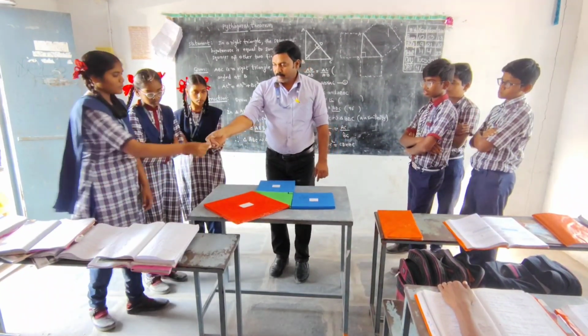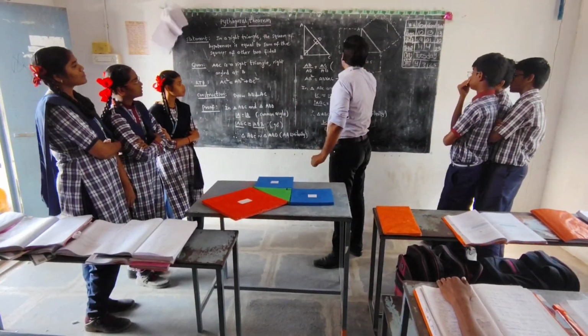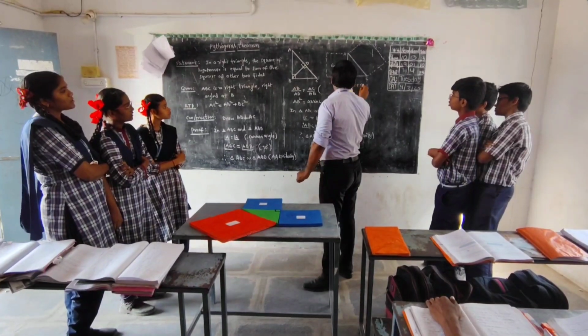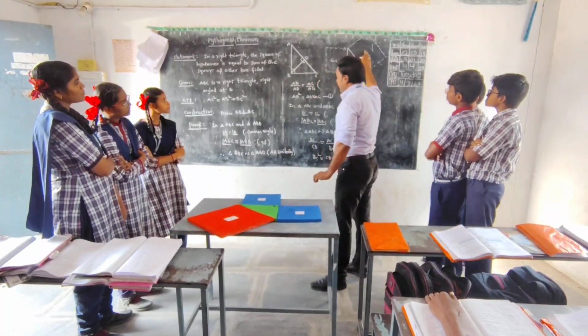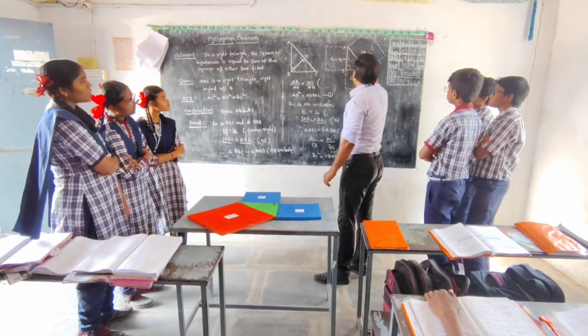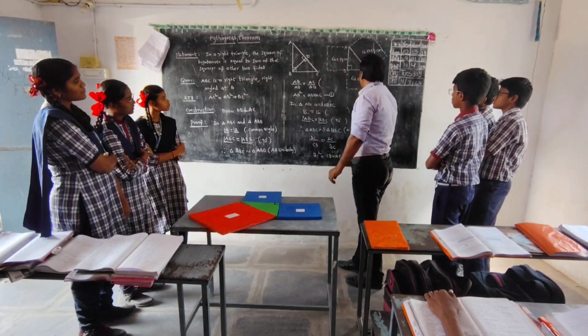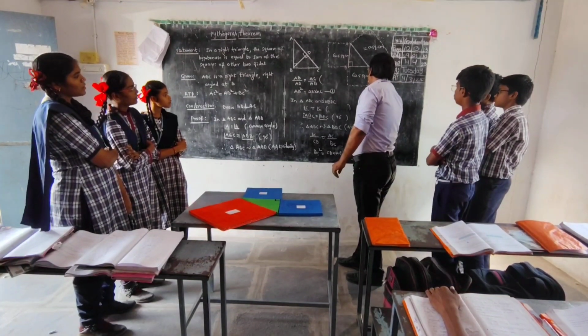So this square I got 625, and this also 625 square centimeters. This square area I found is 1250 square centimeters. Now 625 plus 625 is 1250.